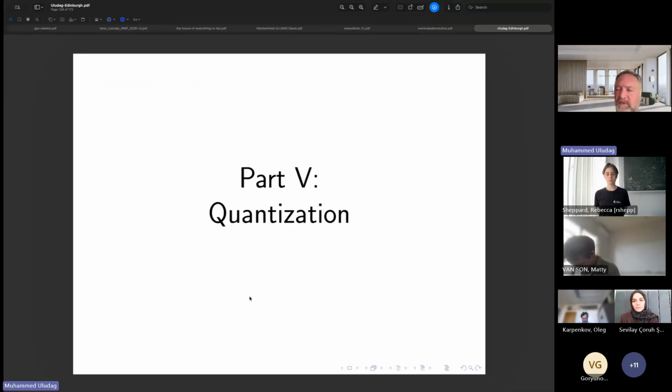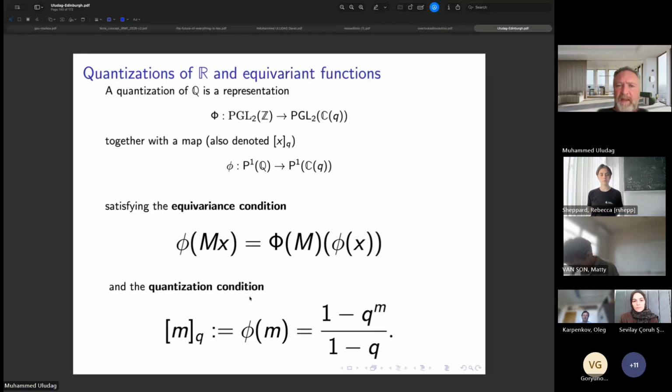I would like to finish with the connection with the quantization, because I think I don't have much time left. And this is quite a new result by Ovsienko and Mourier-Genoud. A quantization of Q is a representation.